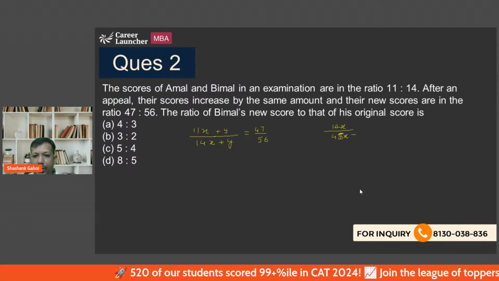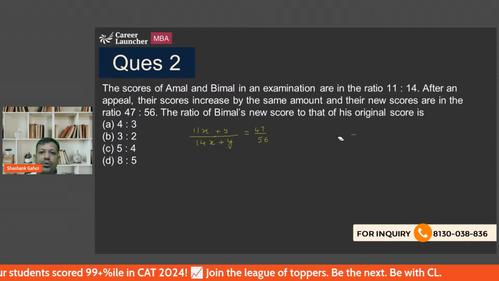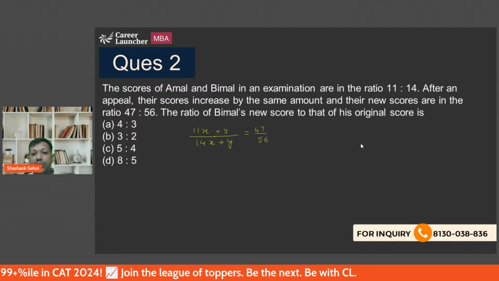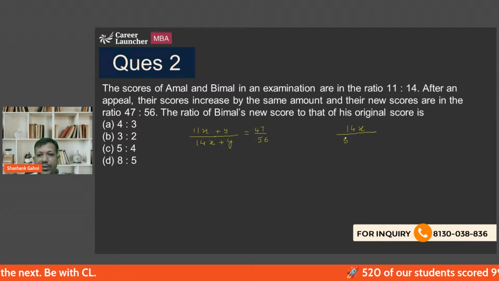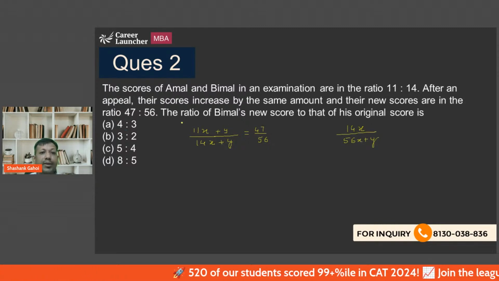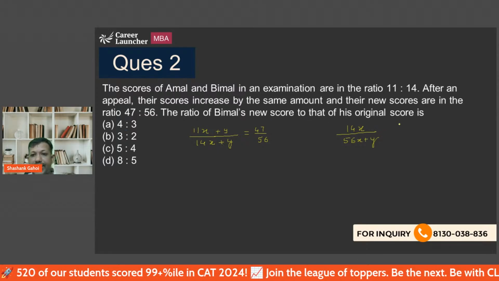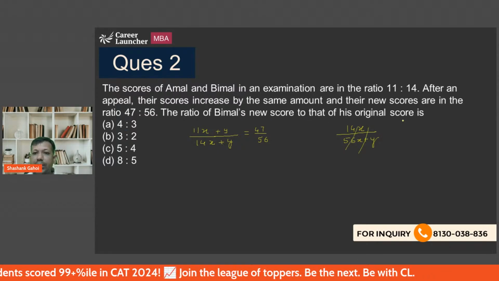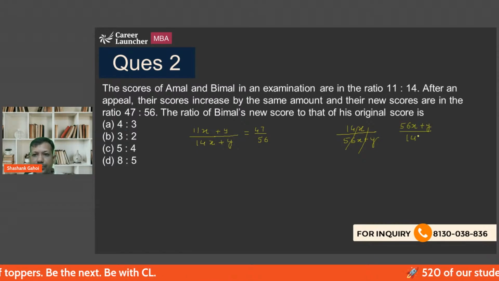Let me erase this. If I talk about the initial score of Bimal, that was 14x. The final score of Bimal was 56x plus y. So my job is to figure out the ratio of Bimal's new score to his original score. Again, I did it wrong. So the new score is 56x plus y divided by 14x.